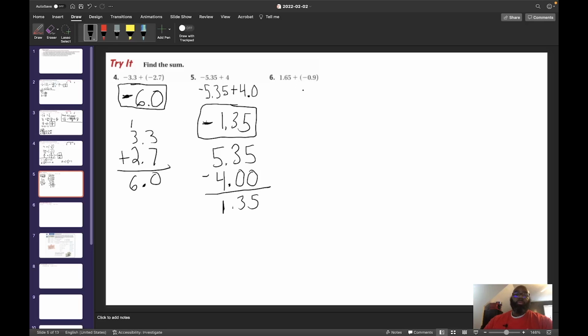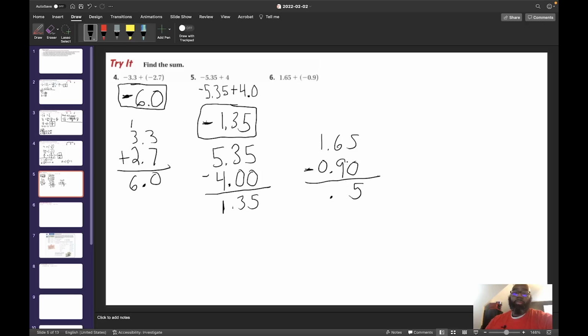And this one, we have a positive plus a negative. Again, we're adding two numbers that have different signs, so the answer is going to take the sign of the bigger number, which is this one. Then all we have to do is subtract the smaller number from the bigger number. So we're looking at 1.65 minus 0.9, and we can put a 0 there. 5 minus 0 is 5.